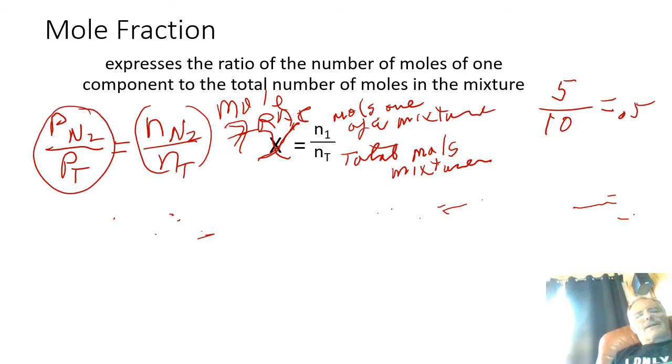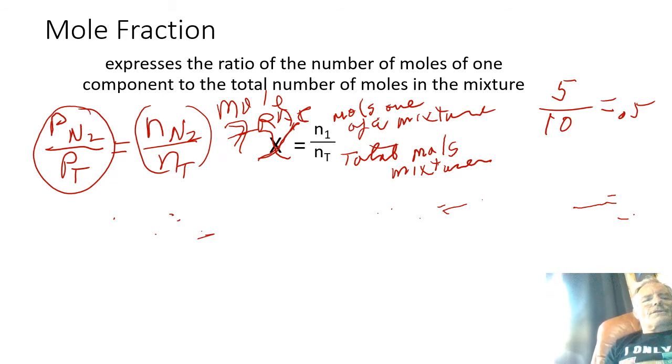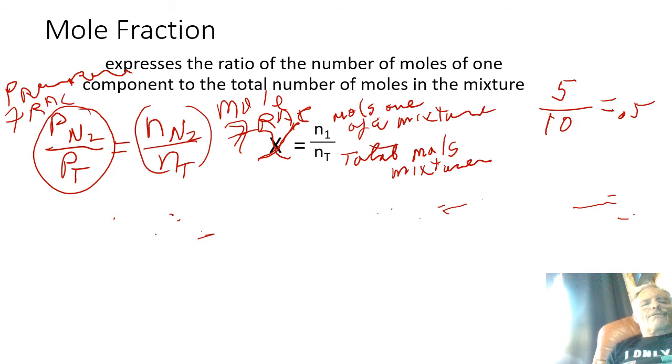And this, in essence, is the fraction of the partial pressure of that gas, in this case nitrogen, of the total pressure. And so I will call this the pressure fraction. I don't think anybody else calls it that. So that's pressure fraction, and I'll just stick with frac right there.